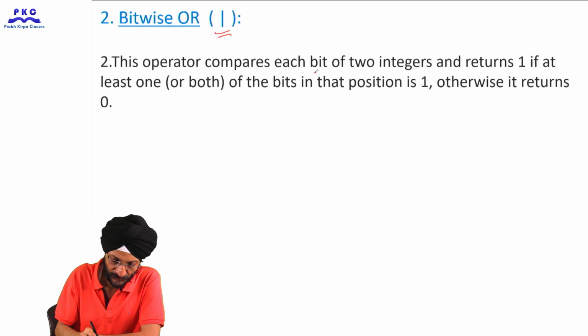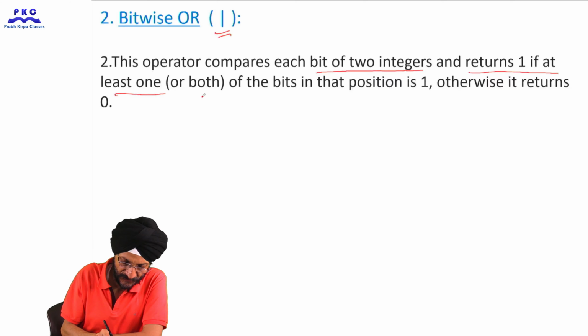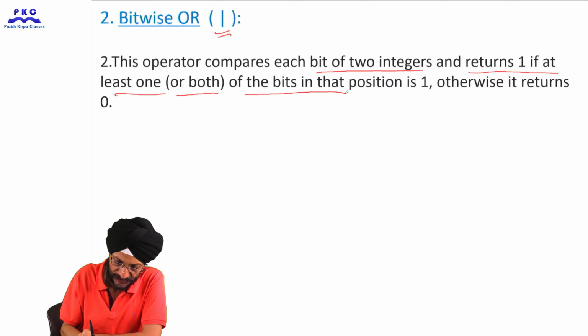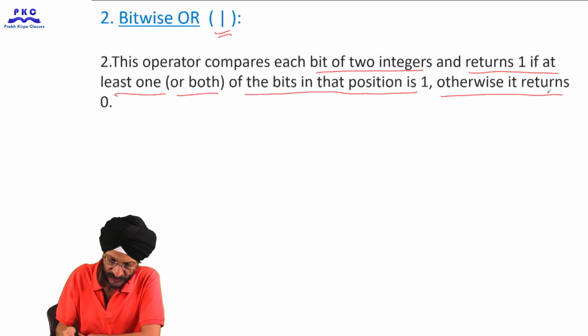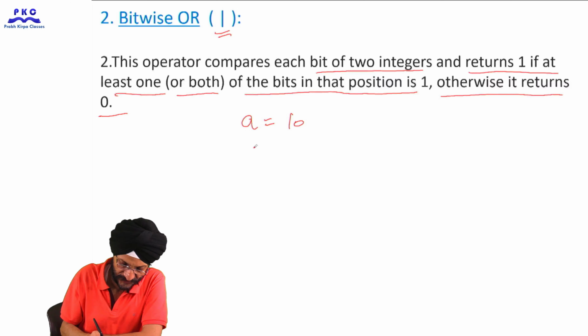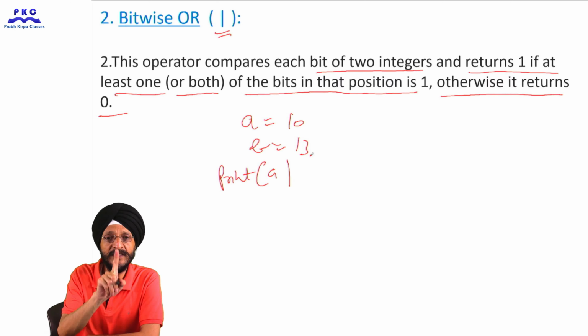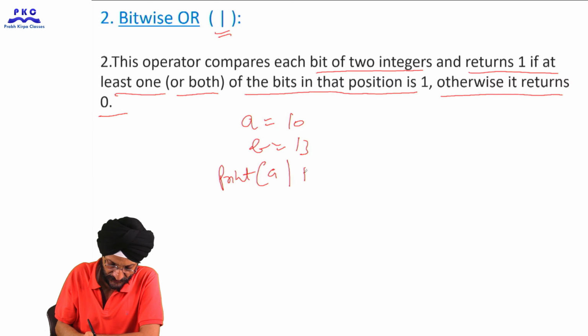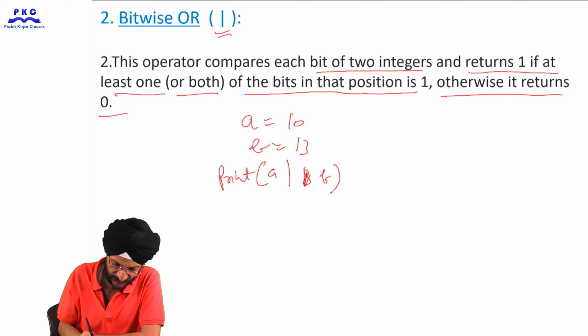This operator compares each bit of the two integers and returns 1 if at least one or both of the bits in that position are 1, otherwise it returns 0. We take the same values A, 10 and B, 13. Now we use print A bitwise OR B, the straight line, written in lower case.